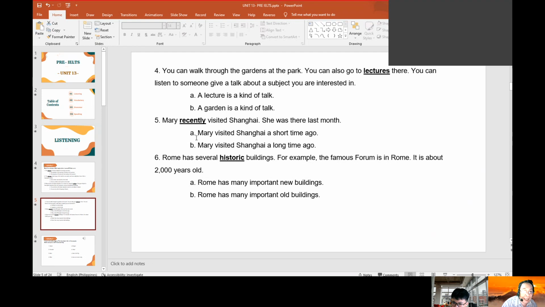What about recently? It's previously, so we do not use that. What about historic? Oh, the pyramid. The pyramid is an ancient historic building. Okay, that's correct. That's part of the history.